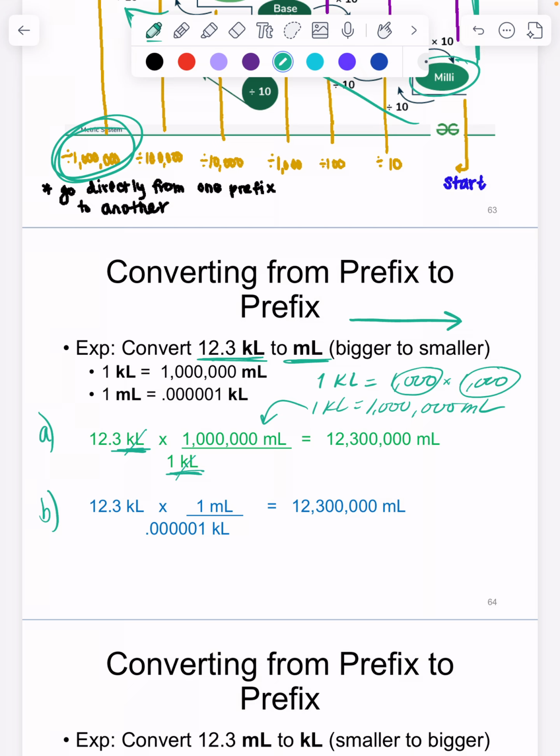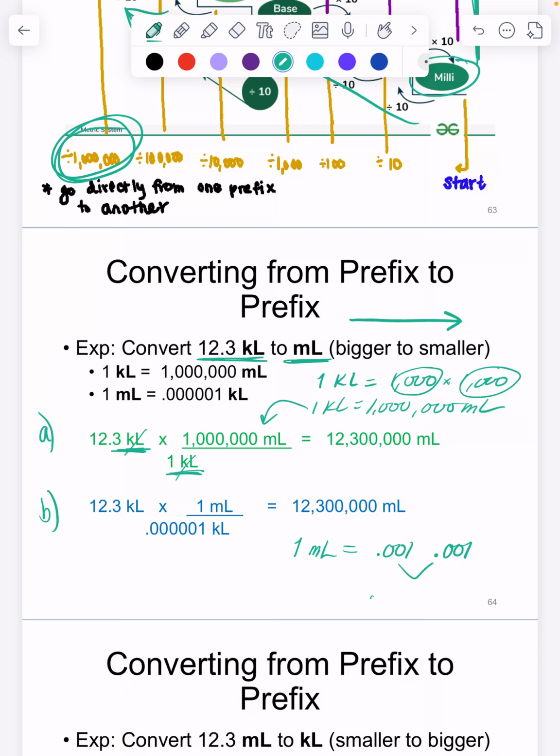On the other hand, we can do the exact same thing and just reverse it, where I say that what I want in milliliters is just 1. How many kiloliters is that? Going from milliliters to liters would be 0.001, and then from liters to kiloliters would be another 0.001.